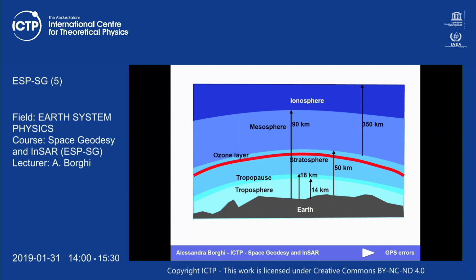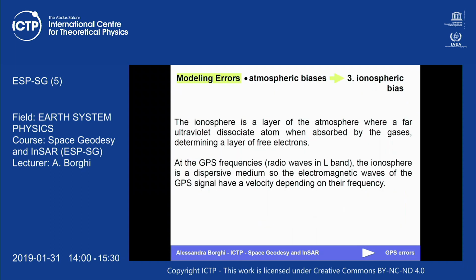The troposphere layer is the layer where we are living, up to 14 kilometers. The ionosphere is quite far, and you know the ionosphere is very important for radio transmission. And we are going to see that these two layers have two different effects on the GPS signals.